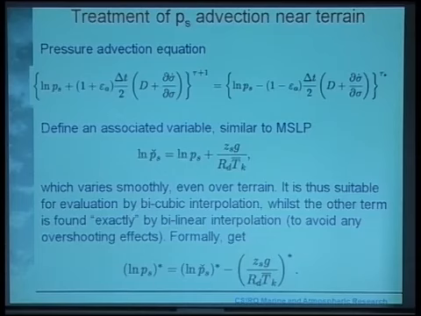So what we're after is an upstream value of this fellow, but the upstream value of log surface pressure is upstream value of this new variable and upstream value of this one. This one is a nice smoothly varying quantity. We can use bicubic interpolation quite happily on this one, but we don't want to use bicubic interpolation on this one because we'll get all sorts of overshooting from the mountains.